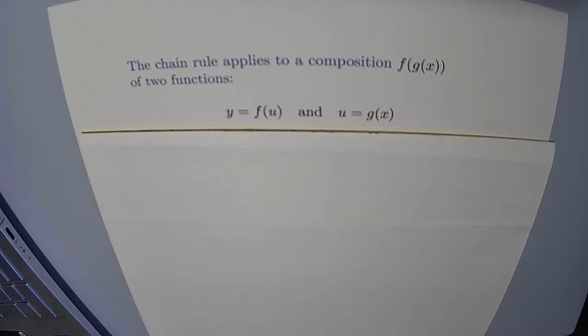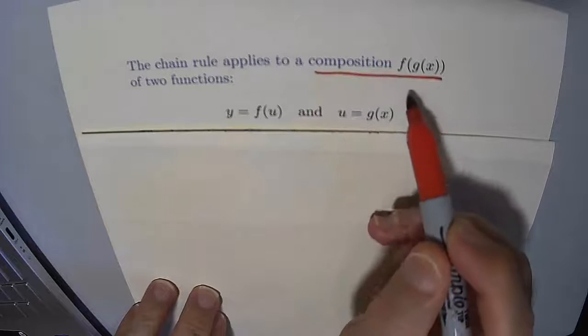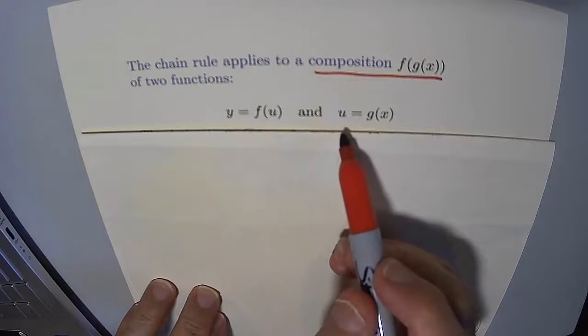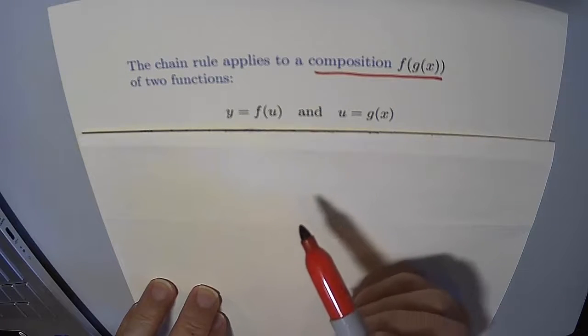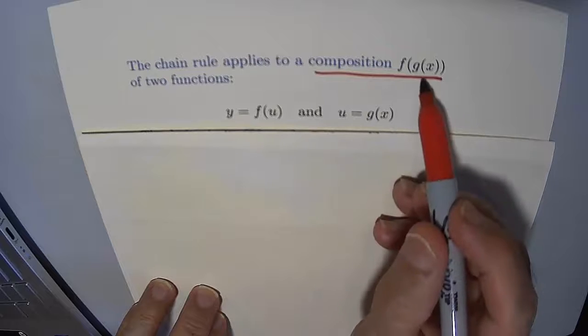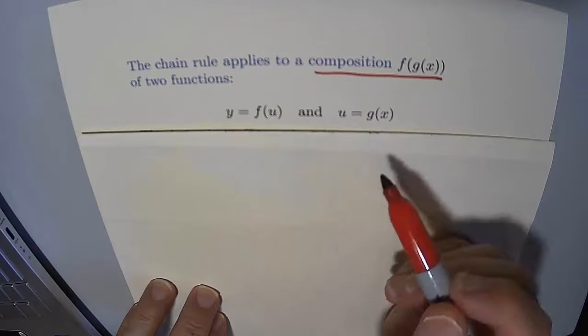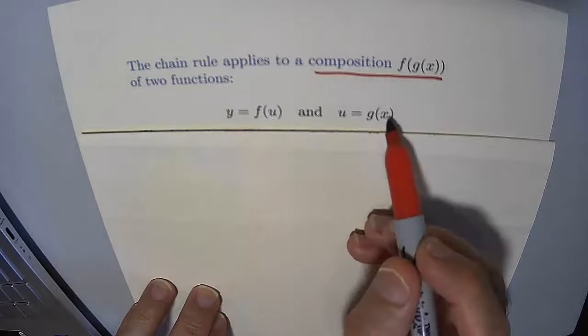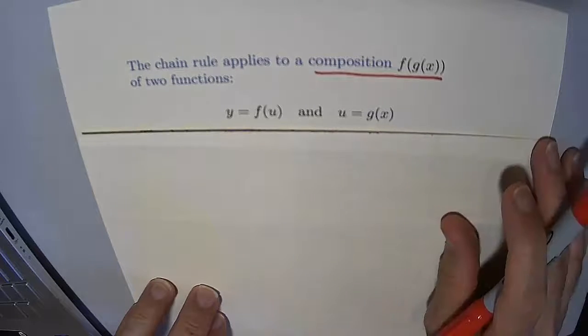Now, more generally, we are looking at a composition of two functions, f and g. We think of the inside function g of x as u, and think of f of u, f of that inside function, as y.